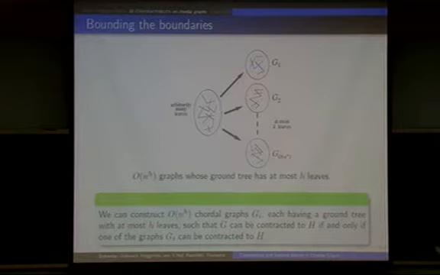And the good thing is that your initial graph G can be contracted to H if and only if one of these graphs can also be contracted to H. So from now on we can assume that we work with a graph which has at most little h leaves.